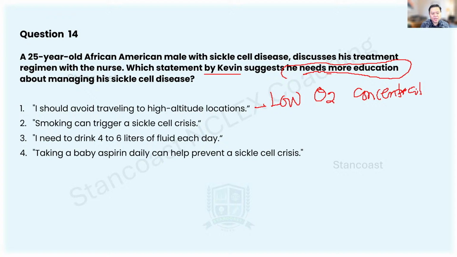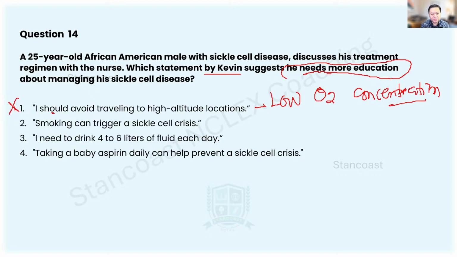So our patient should not be vacationing in mountainous regions like Aspen or the Swiss Alps. They should not go there, because the more they're exposed to low O2 concentration places, the more they're going to end up with a vaso-occlusive crisis.